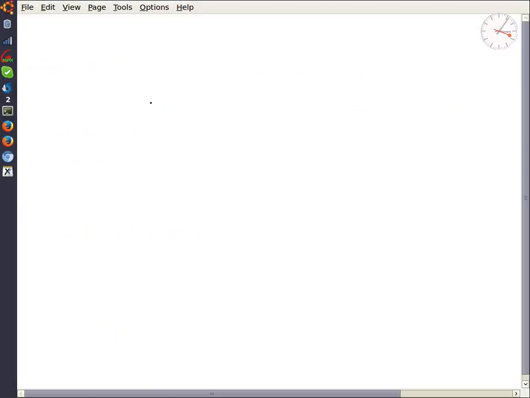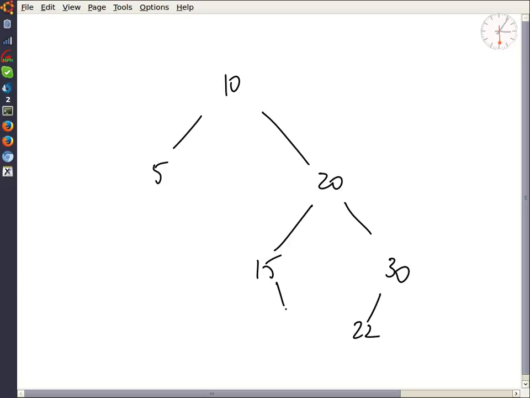This is for a binary search tree, yeah. So if you have some binary search tree, and I'll just make an example of one here. And now you want to iterate over the contents here.